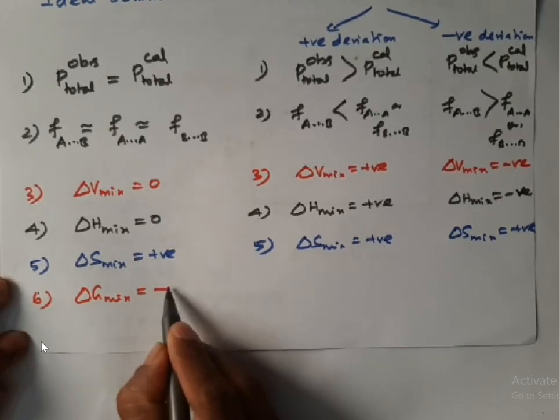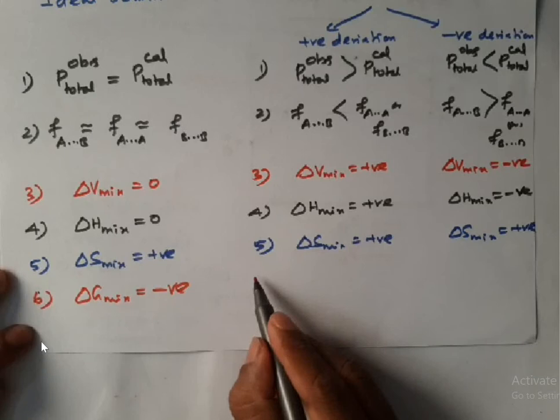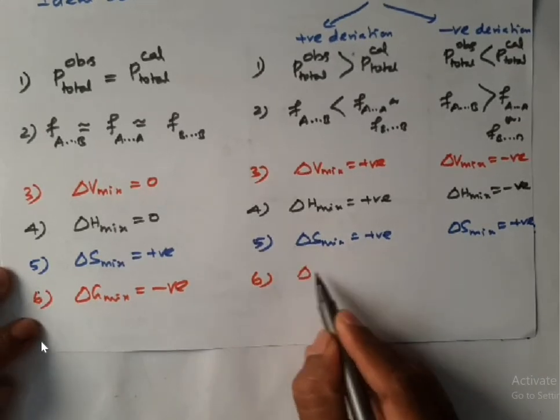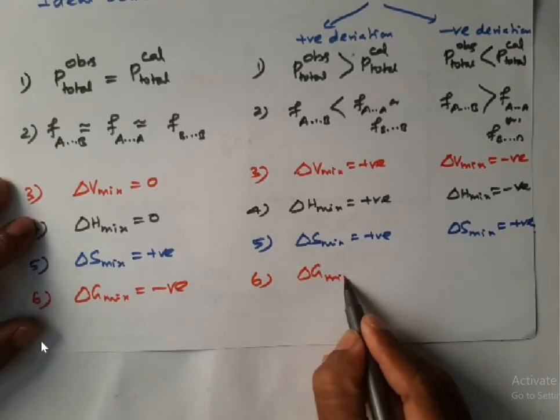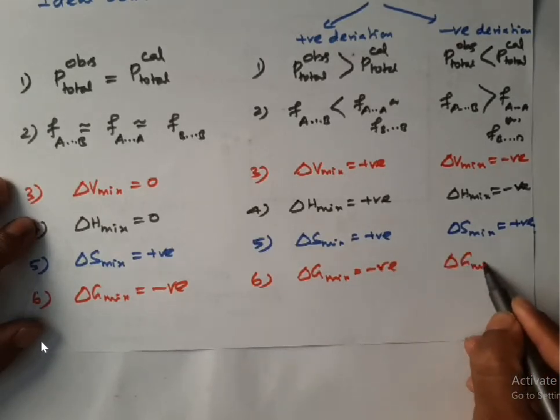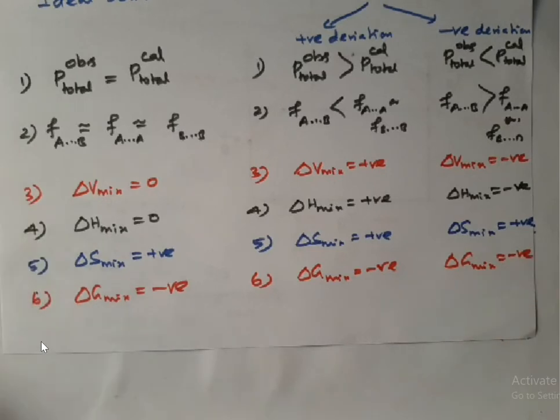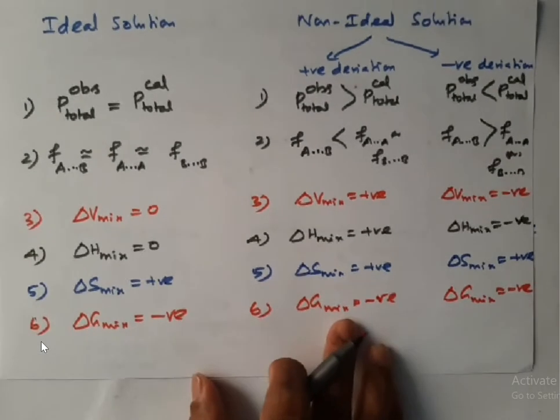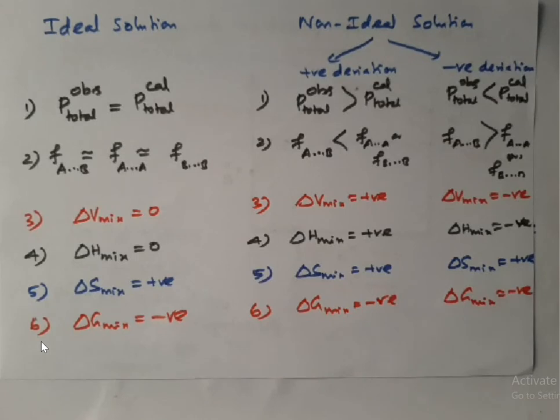Delta G mixing is negative for ideal solution as well as for non-ideal solution. Delta G mixing is negative here, and here also it is negative. Okay, students, very essential points you should keep in mind.